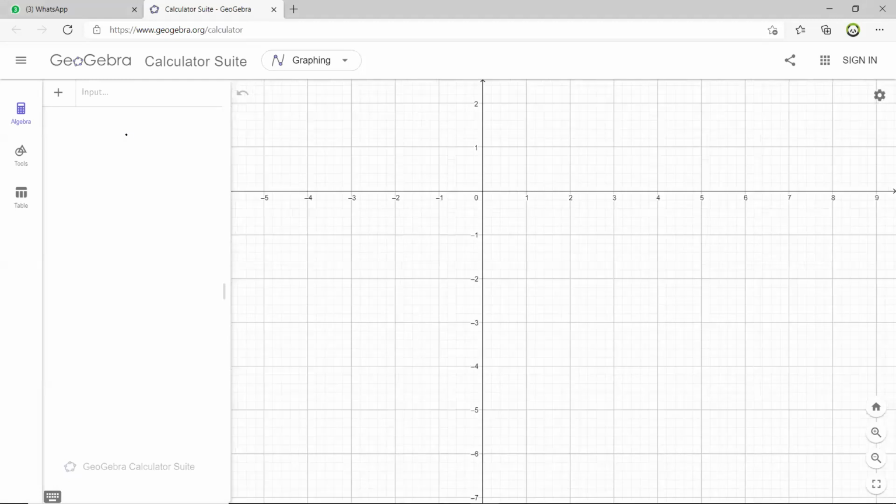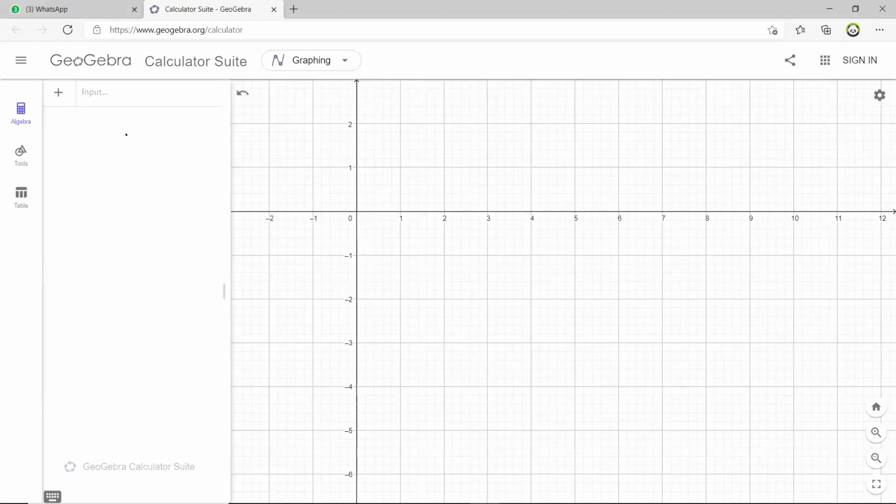Veer, can you tell me any random rational number? Zero. Any rational. 1 by 7, 2 by 7, 5 by 10.